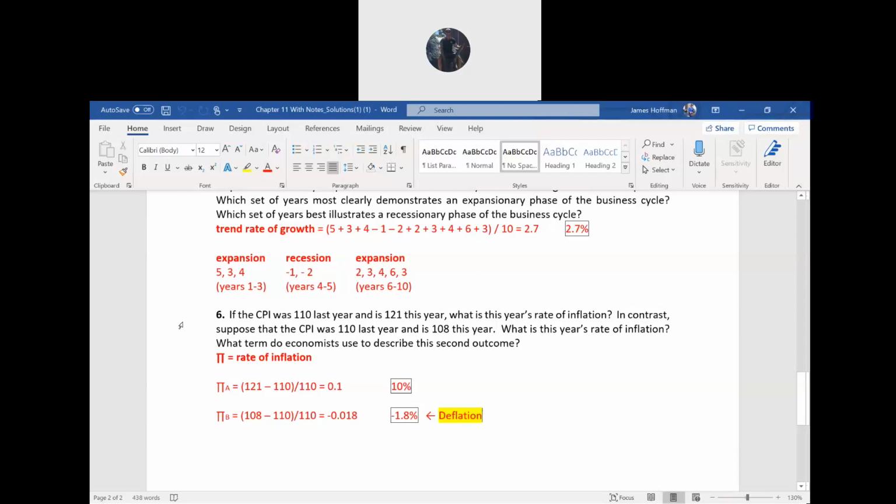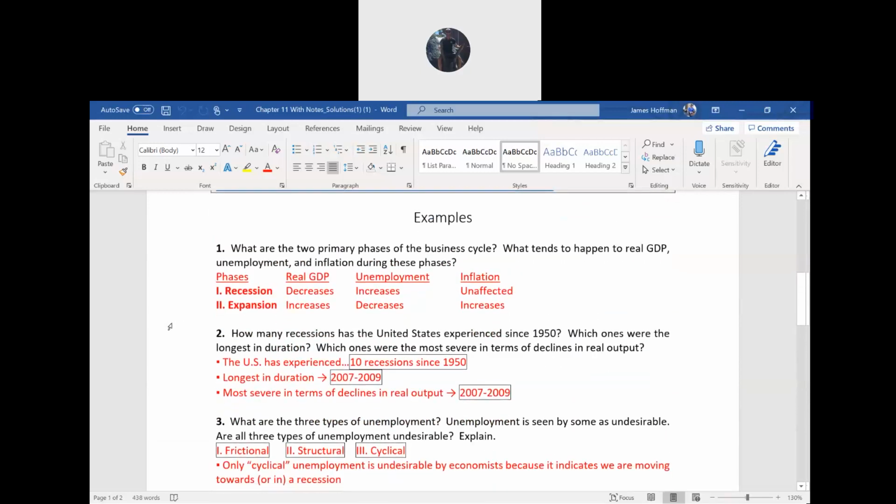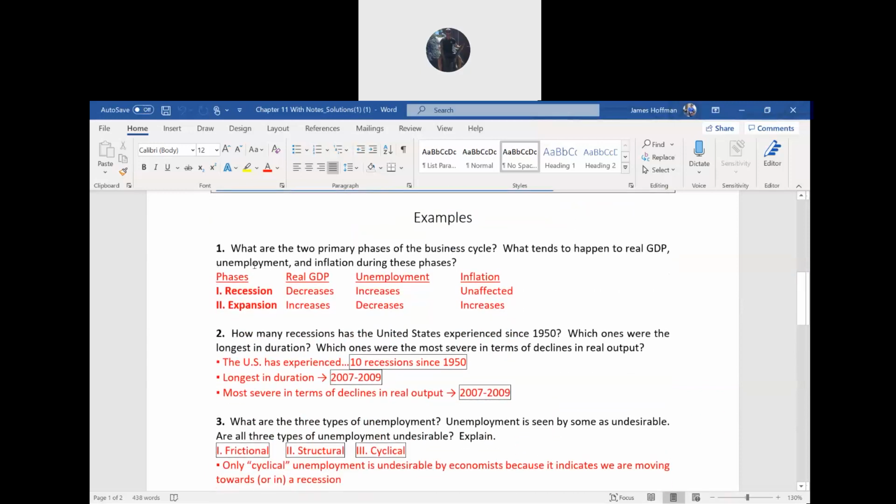Okay, so that was chapter 11. I think those are all the examples there. So any questions on any of these examples? What do we got here?